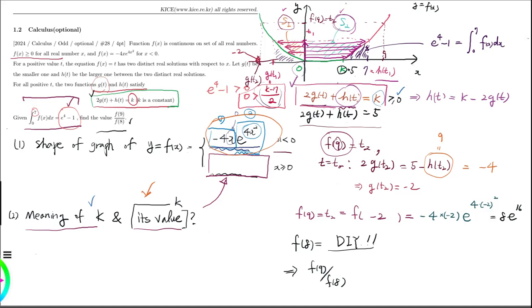So from this part, it was a long journey, but we just saw how to approach this problem and what the main point of it is and what the graph of f of x is. Let me give you a last comment.